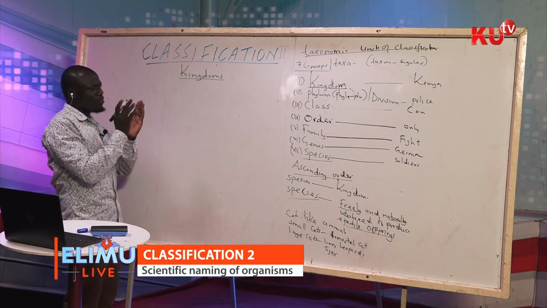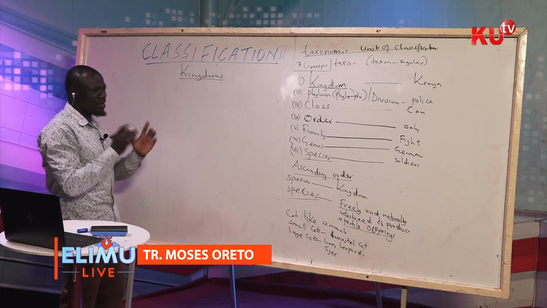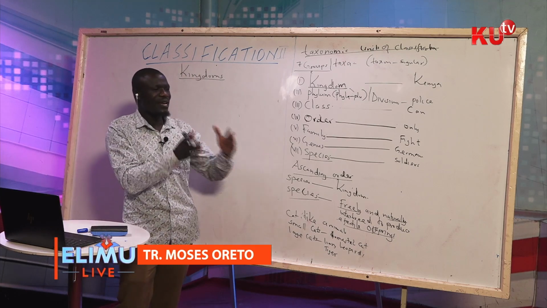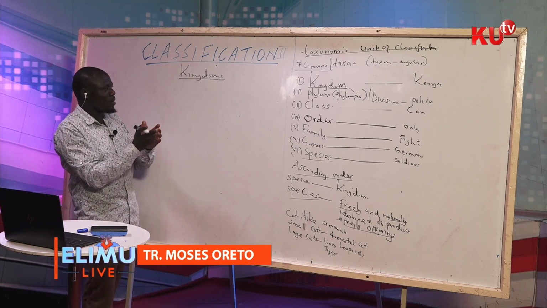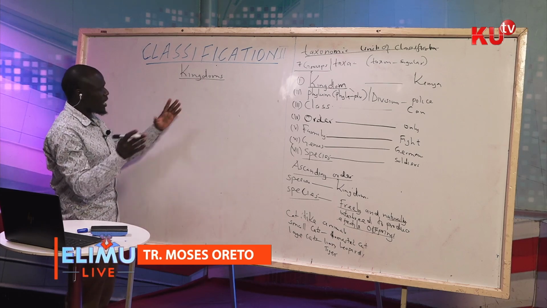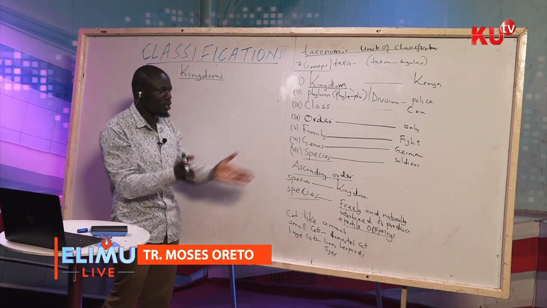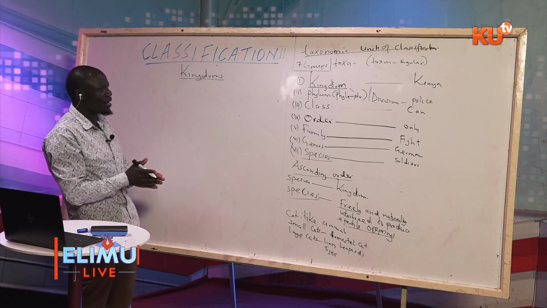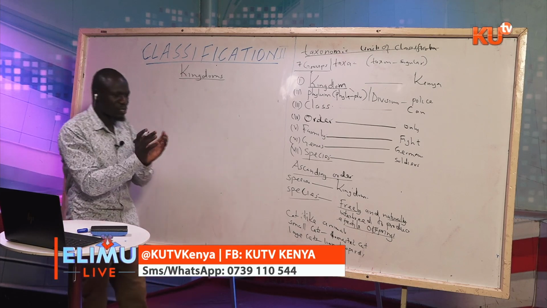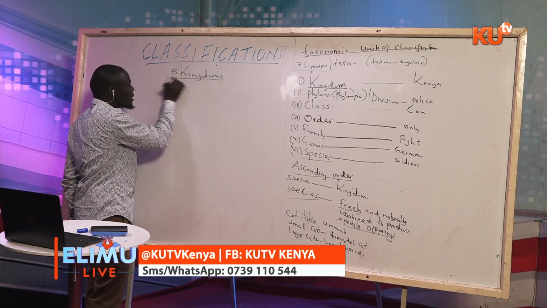But these people were able to study more features, and they were able to tell that there are organisms that cannot be classified under Kingdom Animalia, neither can you classify them under Kingdom Plantae. After they realized that they were not able to classify them into those two kingdoms, these people devised three other kingdoms so that all the organisms can be placed. So we have about 5 kingdoms of classification.